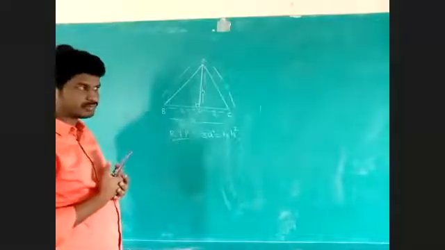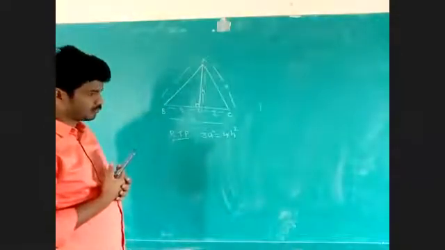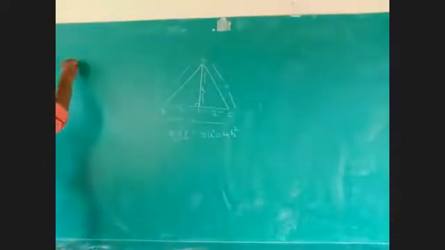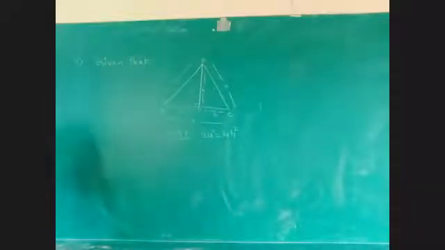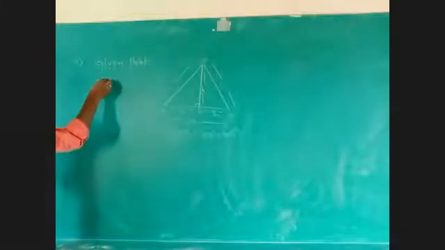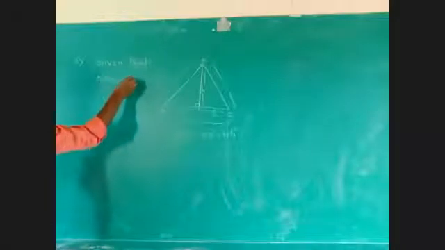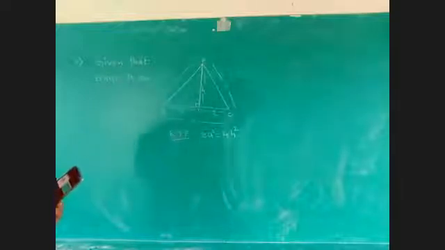Is it clear? Yes, sir. Now write down, given that, question number 3. Given that ABC is an equilateral triangle.